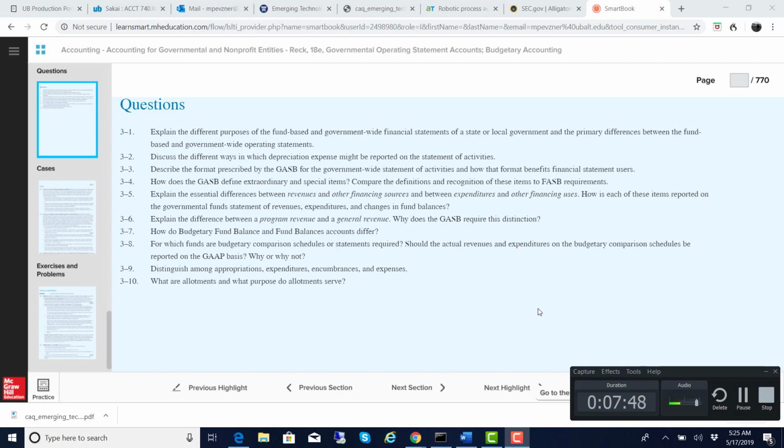All right. The next question, question 3.4, asks: how does government define extraordinary and special items? Compare the definitions, recognition in the statements, and FASB requirements.